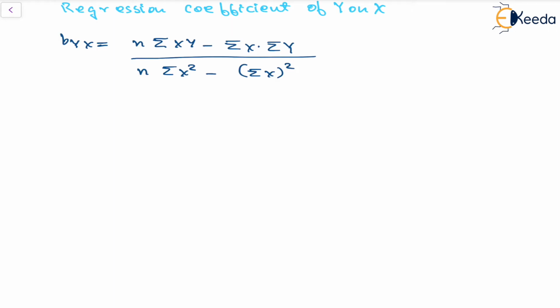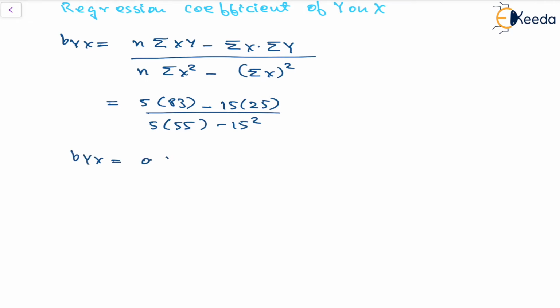So as we have all these values, putting them in, we will have 5 times 83 minus 15 times 25, divided by 5 times 55 minus 15 square. This gives the regression coefficient to be equal to 0.8.